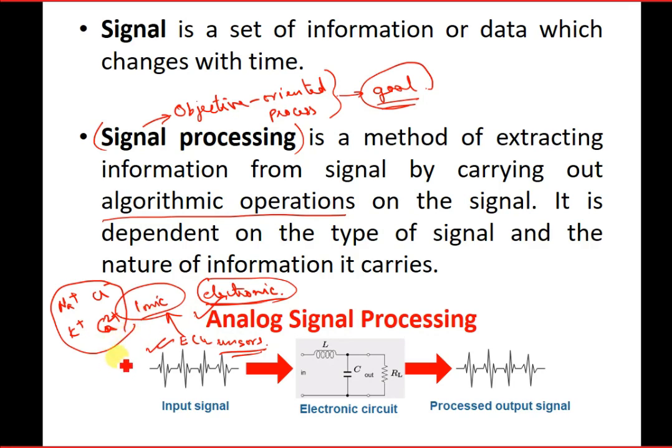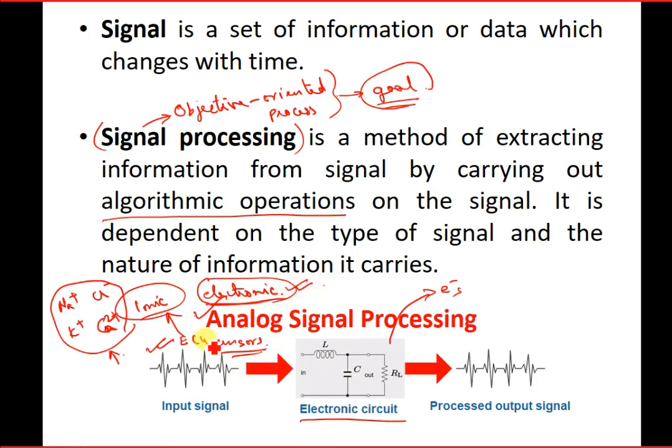Whereas the ECG sensors sense these ionic signals and convert them into electronic signals, where we use an electronic circuit, and in the electronic circuit the propagation of the signal is done by electrons, and hence the signals within this circuit are electronic signals.